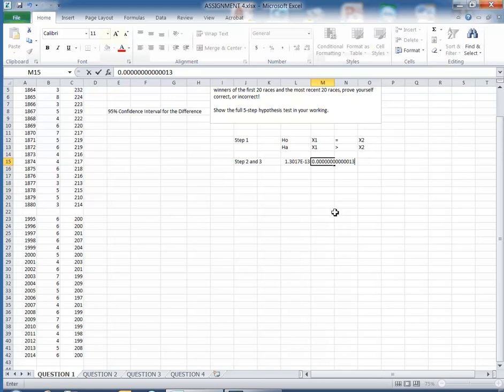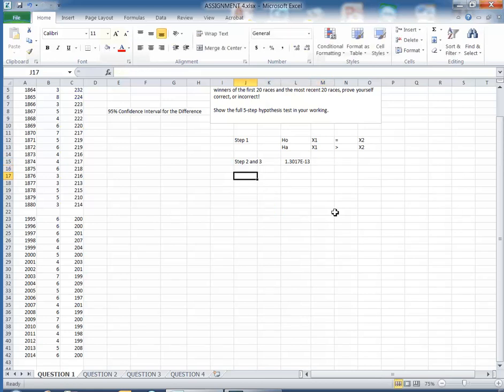Is the probability that they're the same 5% or greater? We're given here that the probability of them being the same is 0.0000013%. So the probability that they're the same is a lot less than 5%.